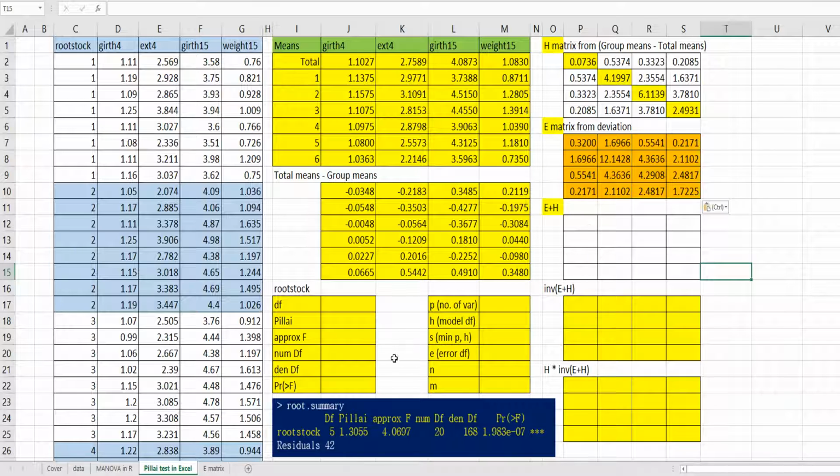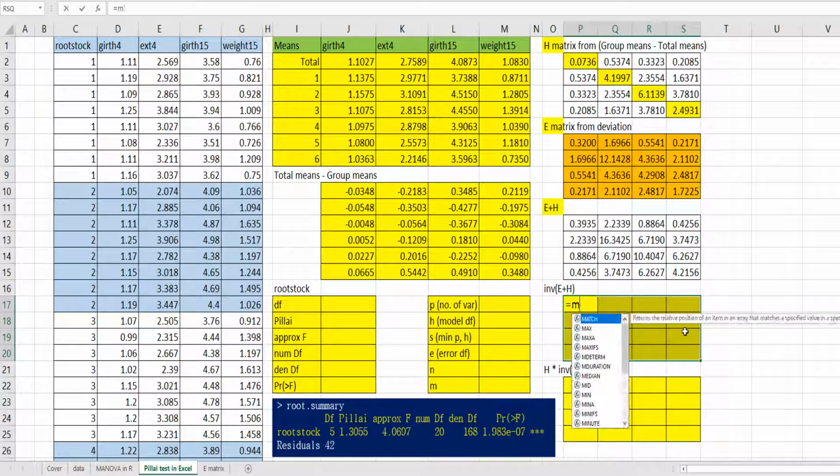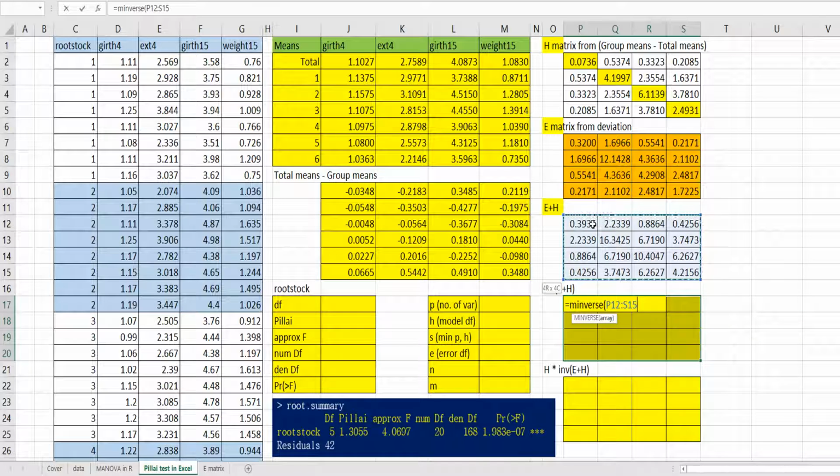So in order to calculate Pillai's test statistic, we need to get this one. So E plus H is E plus H. Okay, then inverse. And Control Shift Enter, right?